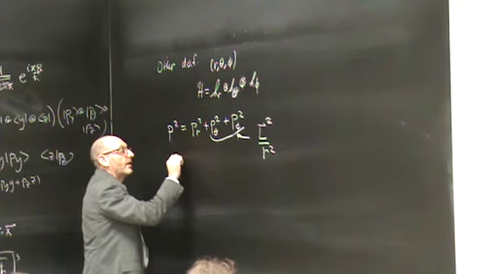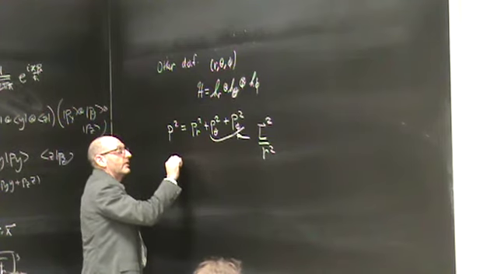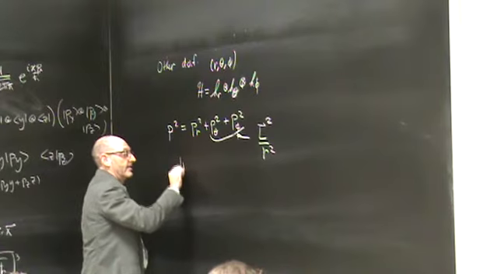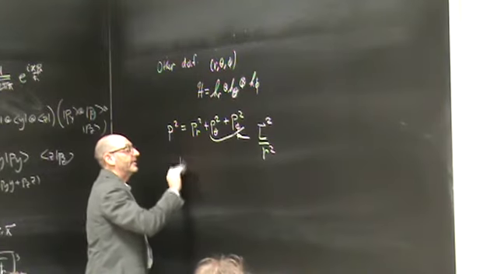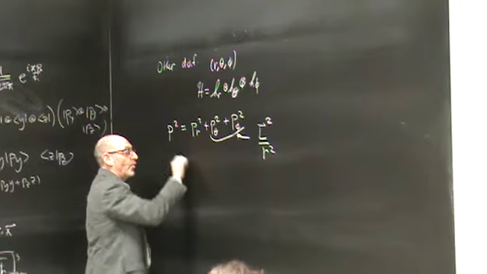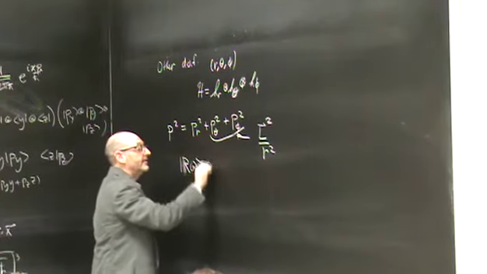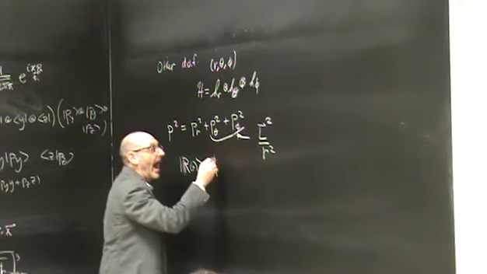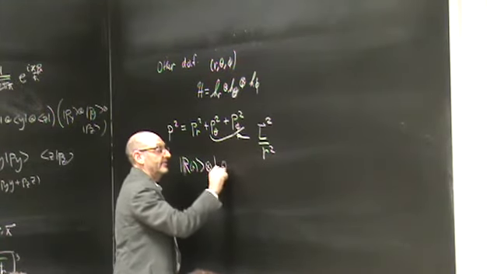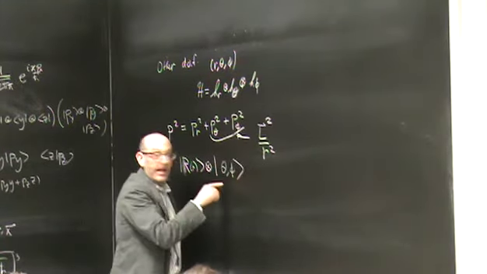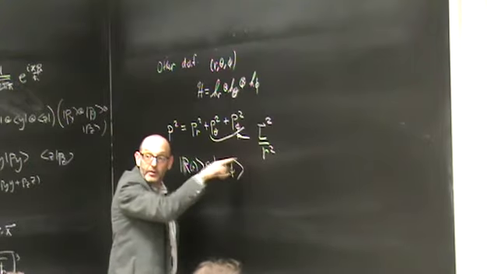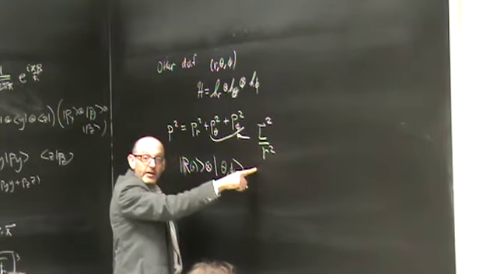So a free particle eigenstate, I would say there is some radial part that depends on r tensored into some eigenvector that depends on theta and phi. And that's perfectly good, because I can separate that out.